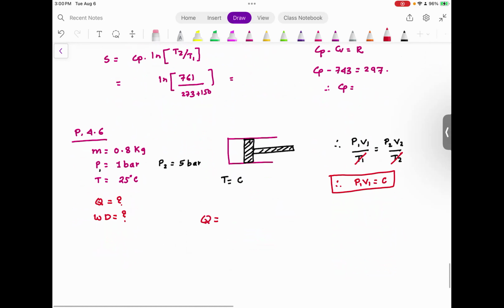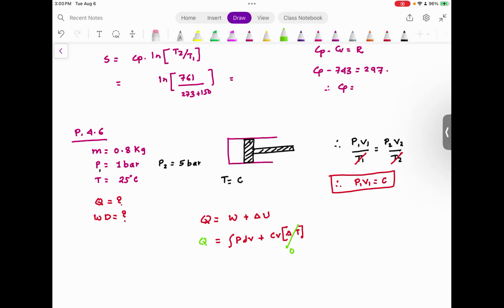Q is equal to W plus delta U. W is nothing but integral PdV. Delta U is nothing but Cv multiplied by delta T. Since it's a constant temperature process, delta T is going to be 0. So in the constant temperature process, Q is equal to whatever is the work done.